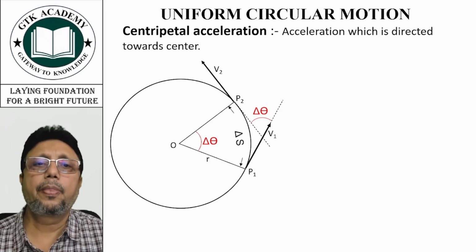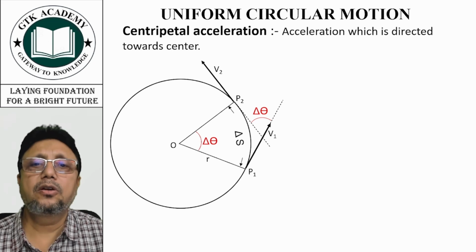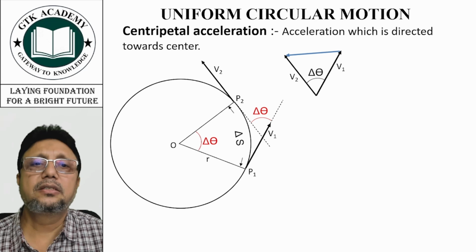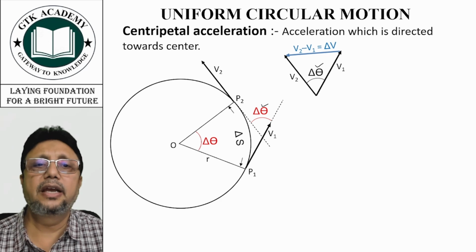So, now let us draw V1 and V2. This is V1 and V2. So, if you use vectorial methods, V2 minus V1 is this, and the angle between V1 and V2, we already said, is delta theta.